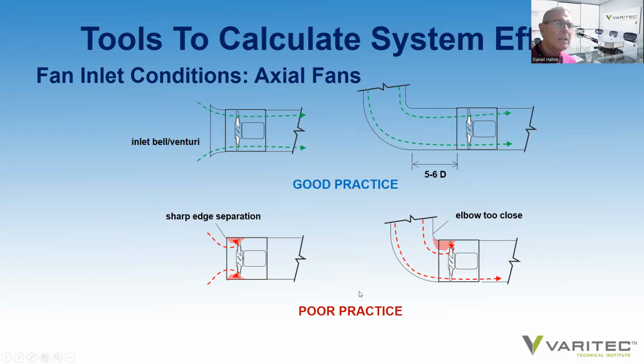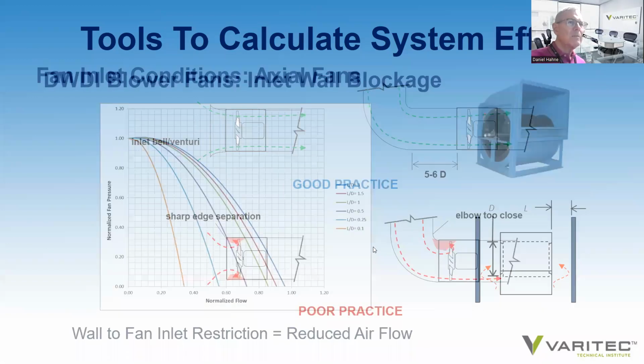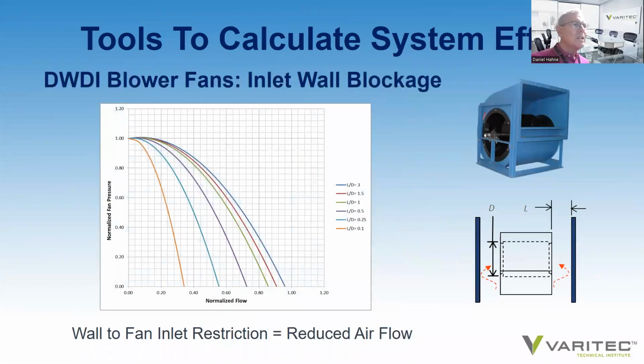The same applies for inlet fans as well. Standard 201 has illustrations that show appropriate configurations for fans should transitions be in the immediate vicinity of that fan. Notice that DWDI fans in conformance to arrangement D also have considerations.